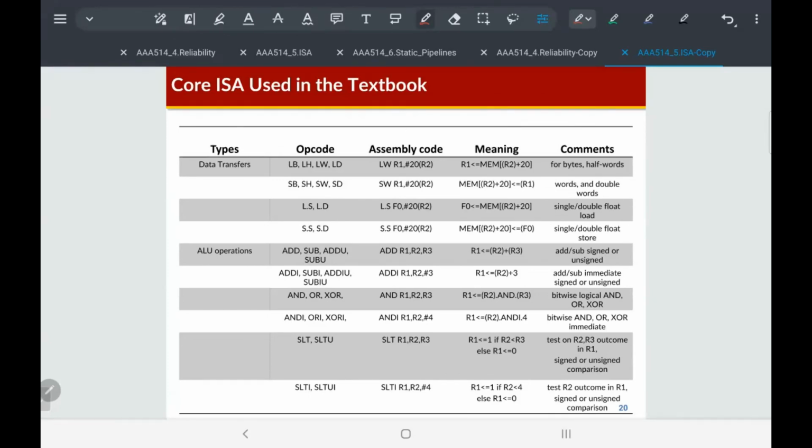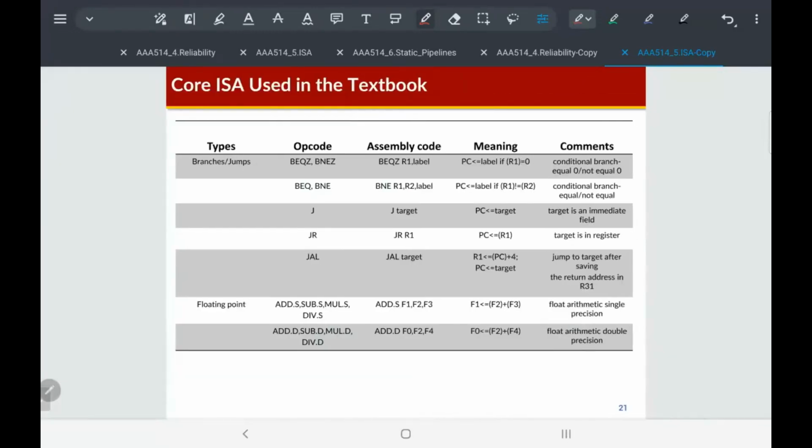And also, I think you can easily understand these instructions because they are very similar to the RISC-V ISA we learned in the undergraduate course. Some different instructions are the L.S and S.S instructions. These instructions support floating point data. The L.S means load single precision, and S.S just stores data from the floating point registers.